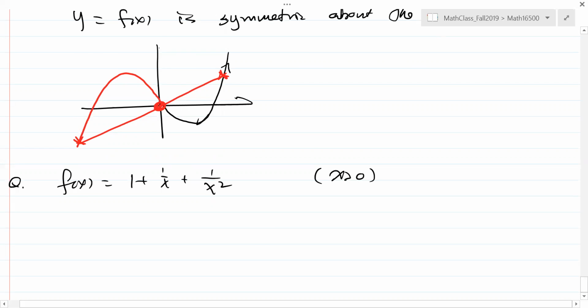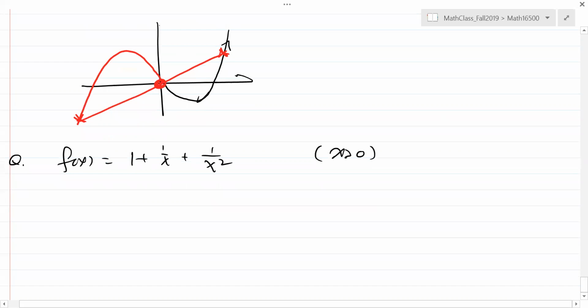So we're not talking about a closed interval. So the graph, when x approaches 0 from the positive side, must be positive infinity, because 1 over x approaches positive infinity, 1 over x squared approaches positive infinity.